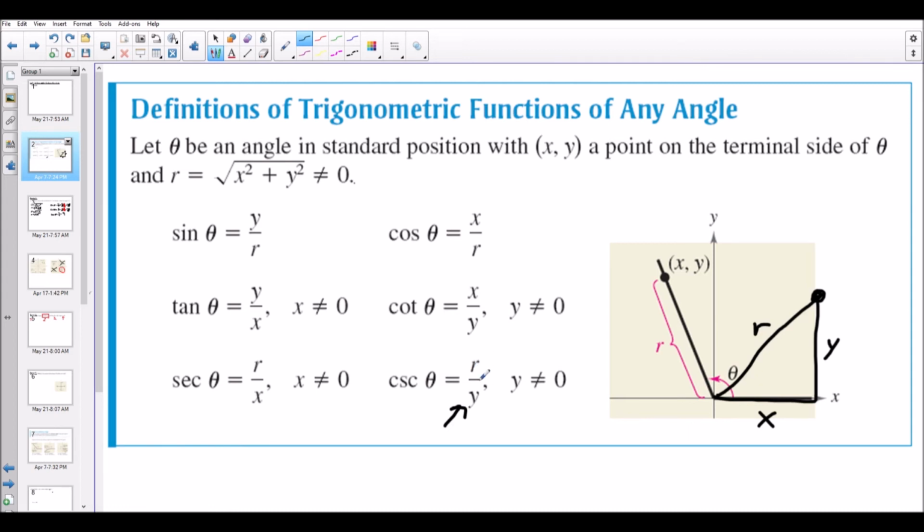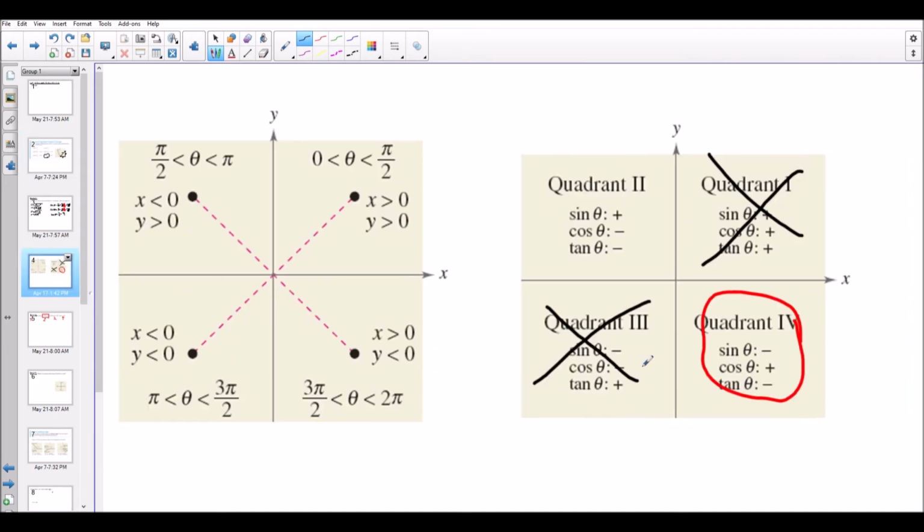If the answer is going to be positive or negative, it's going to be impacted by the x or the y value, where that coordinate is in the coordinate plane. So cosecant is dealing with the y value and the radius. And since we are dealing with the fourth quadrant, the y value is negative.